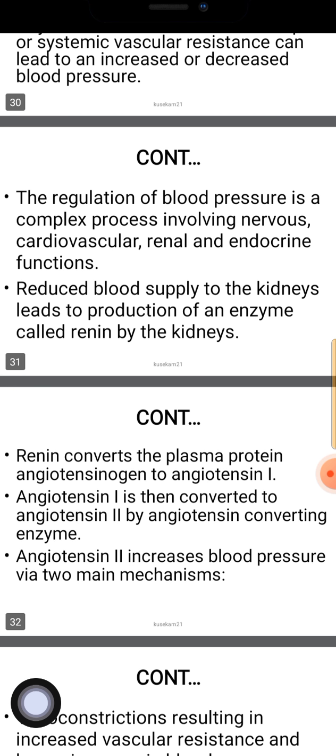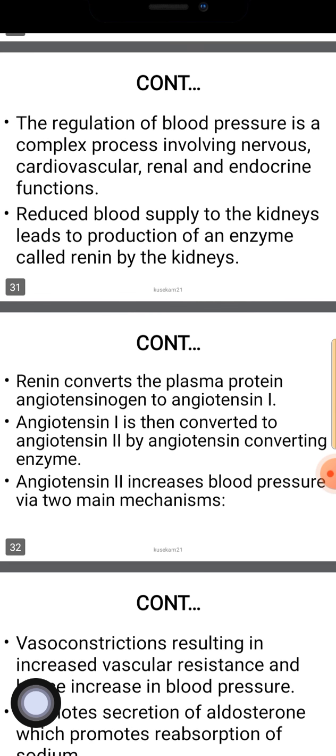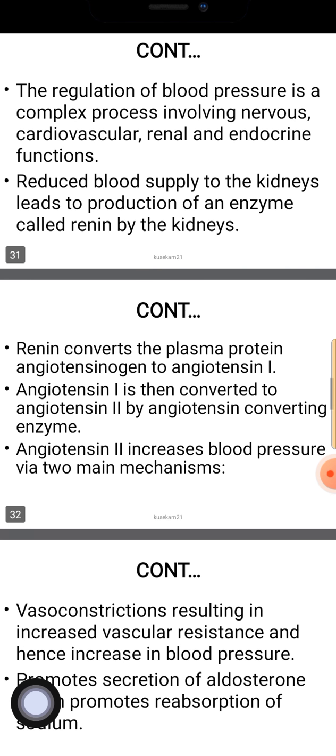Then, the regulation of blood pressure is a complex process involving nervous, cardiovascular, renal, and endocrine function. These are the systems that regulate blood pressure. There must be the nervous system; on top of it, there are hormones that work under the nervous system, and for them to be active, there must be stimulation from the nerves.